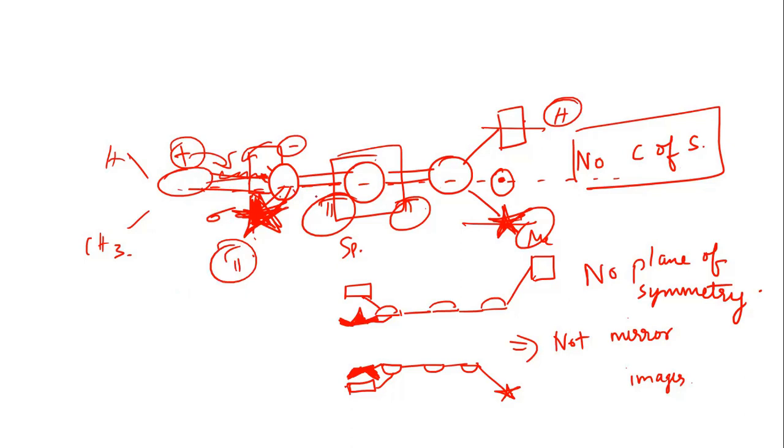When there are 4 carbons here like this, there is another scenario. Carbon, carbon, carbon, carbon. This and this will be similar, and this will be in another plane.